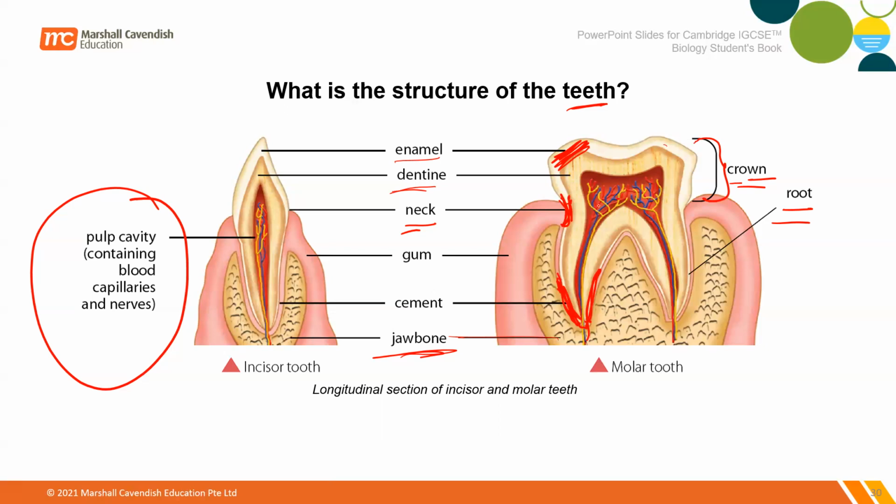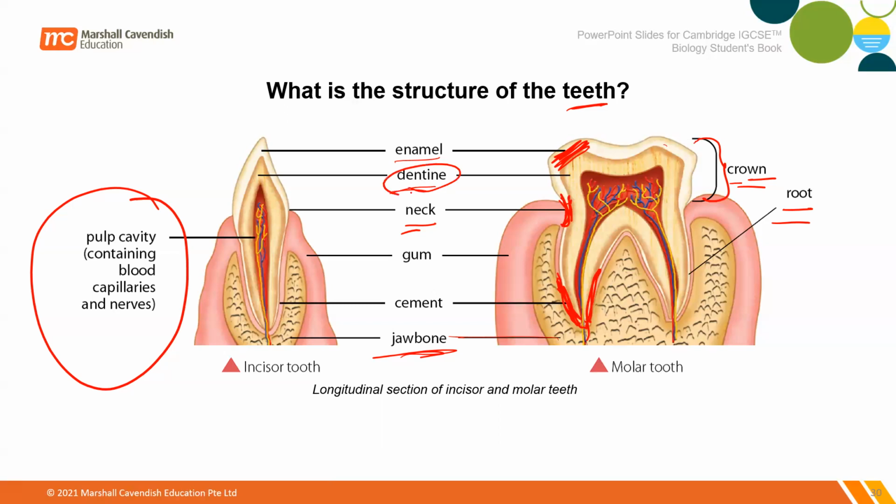So instead of having an urgent visit to the dentist, we need to visit the dentist regularly. We need to use toothpaste that has fluoride in order to protect the enamel layer and the dentine.